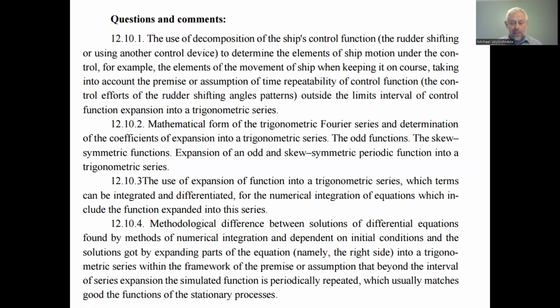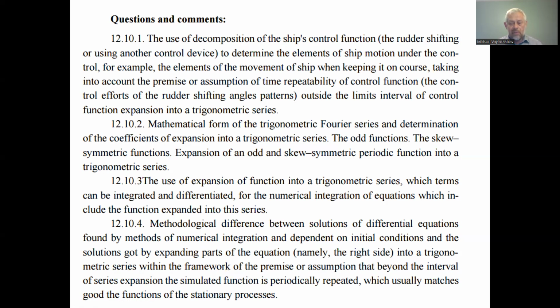The Fourier trigonometric series is the sum of a definite number, or in the general approach an unlimited number, of terms. Actually, the definite number could be a big number of terms of the expansion into the Fourier series, and each term looks like brackets, and within the brackets we have two summands.